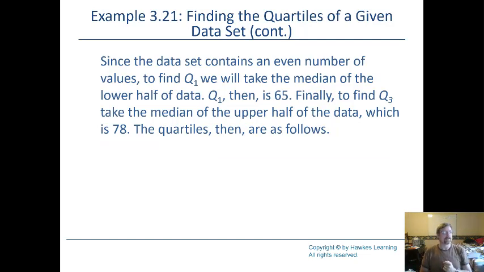Now we take the median of the lower half of the data, which is 65, and the median of the upper half, which is 78. So our quartiles are 65, 70.5, and 78.